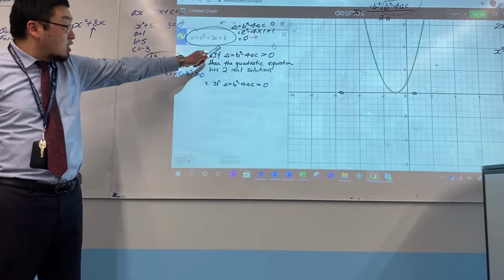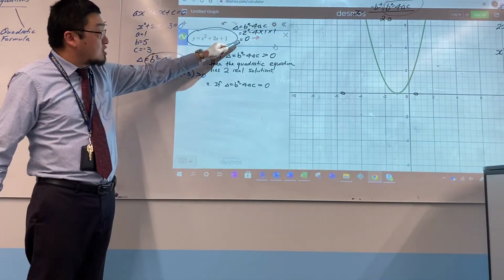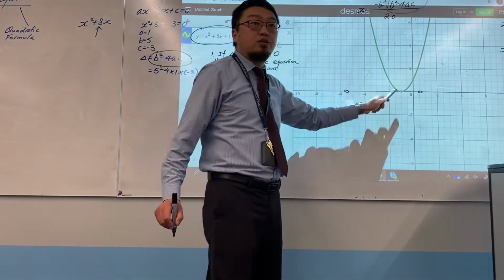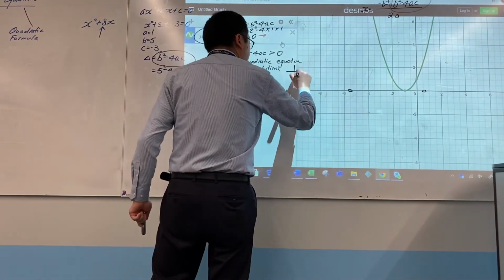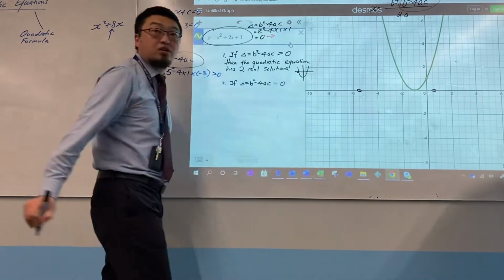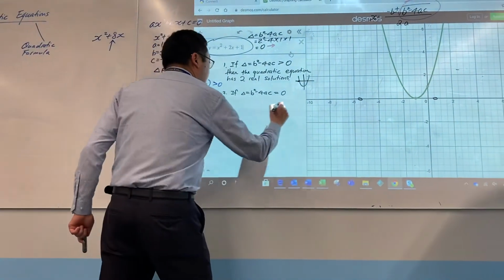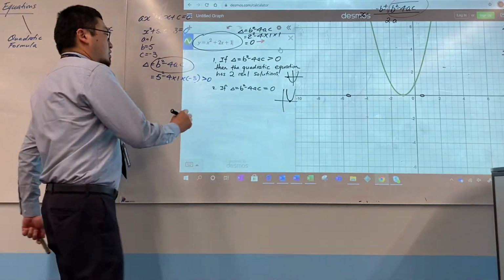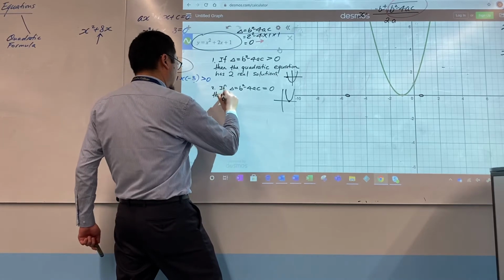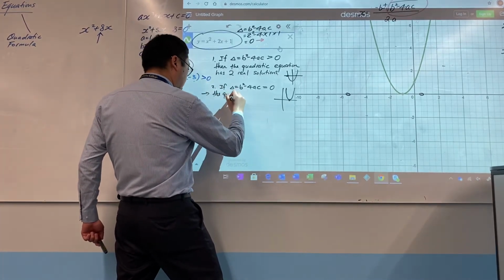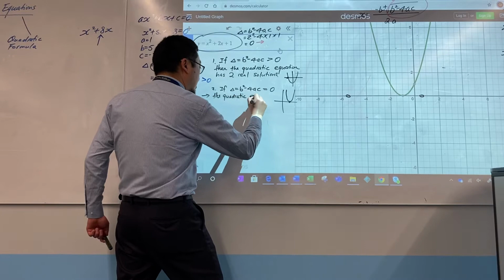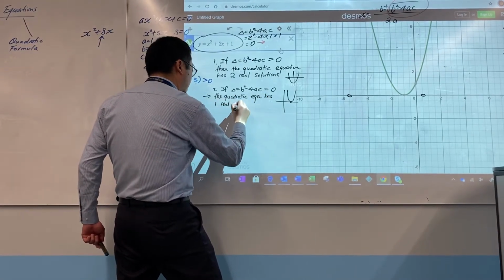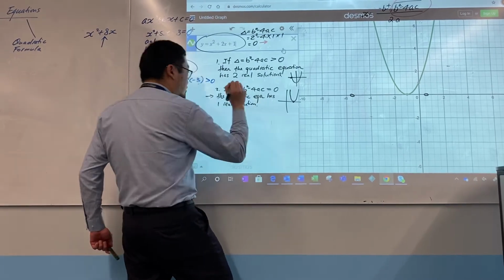So previously, your graph looks like that. Do you remember? Here and there. This one looks like that. Then we say the quadratic equation has one real solution.